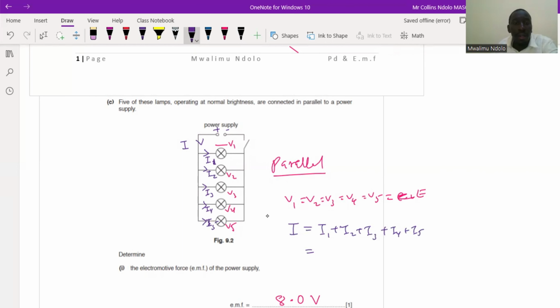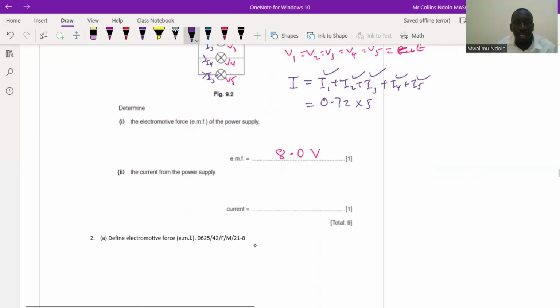Now, these bulbs are identical, and if they're identical, then they have the same current. There are 5 of them, 1, 2, 3, 4, 5. So we just take 0.72 times 5. And that gives us 3.6 amps as the total current supplied from the power supply.